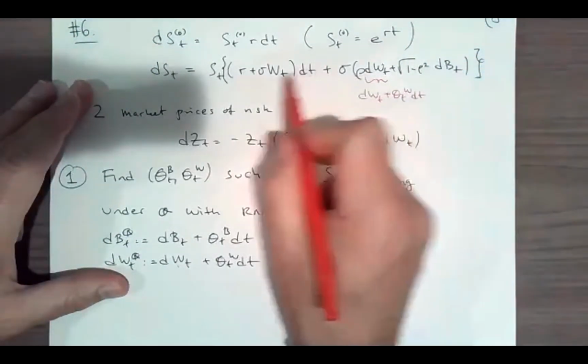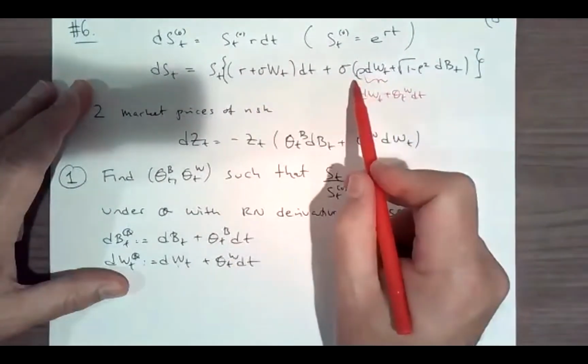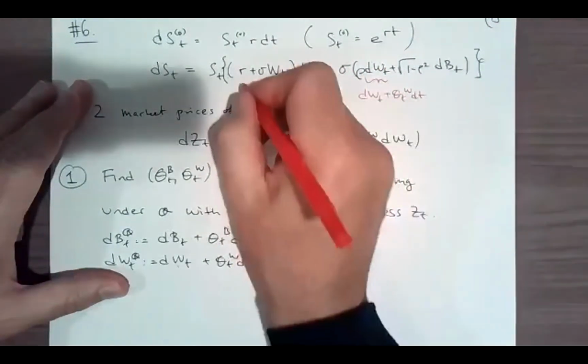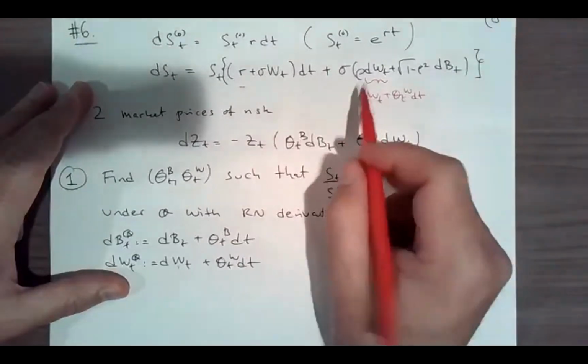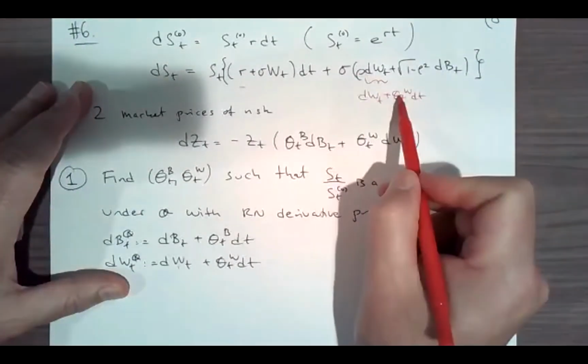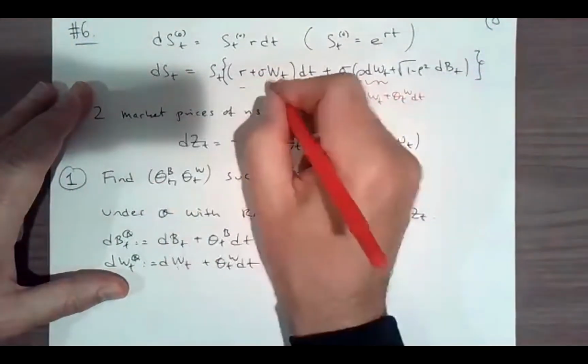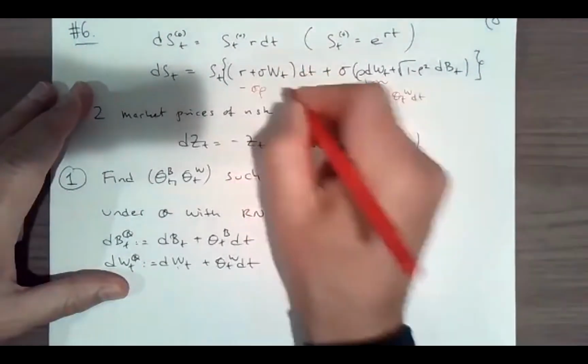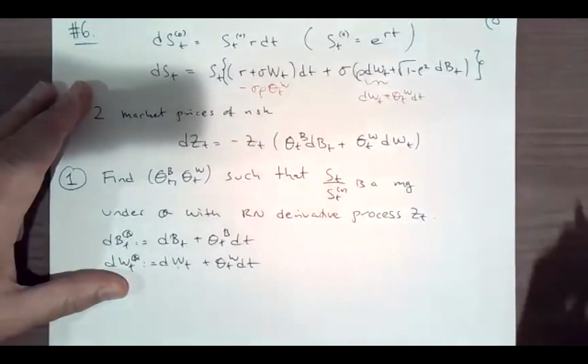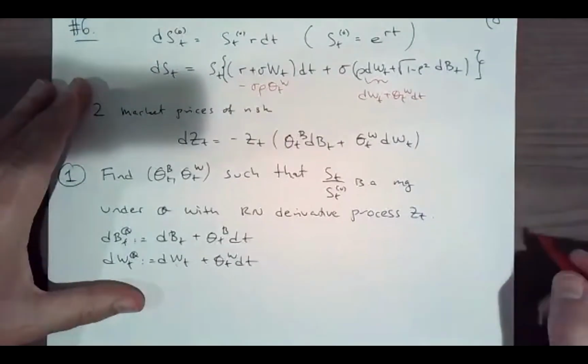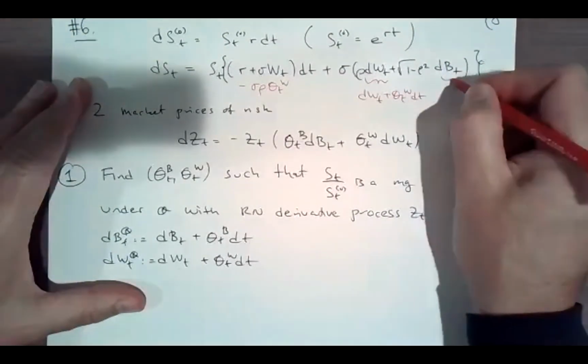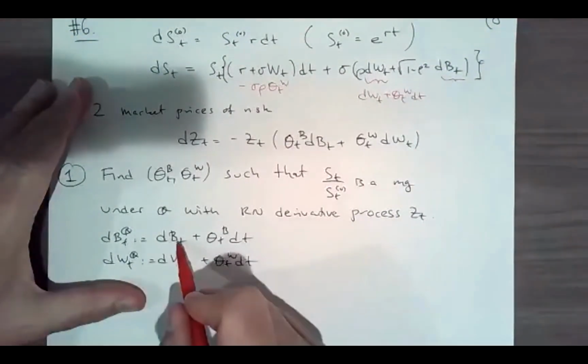And now we need to correct over here in the drift. So this is coming with a sigma rho. So we need a minus. Here it's going to get added, so we need to subtract it, minus a sigma rho theta_W t. And likewise, this dB over here, it's going to get corrected.